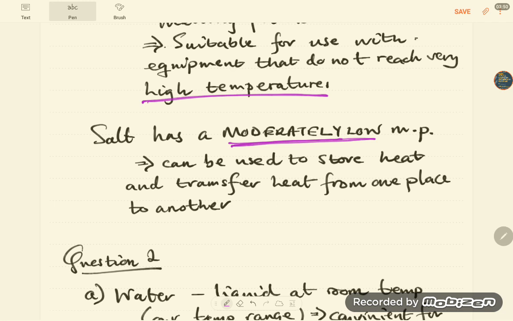Once your salt is molten, you're able to keep the heat within the salt, or just have that molten salt flow from one place to another, and wherever it flows to, it can be stored there, and it can then be used to boil water, forming water vapor. The water vapor then causes pressure, which turns the turbines, and therefore we generate electricity, or any other activity for that matter that we can use the stored heat for.